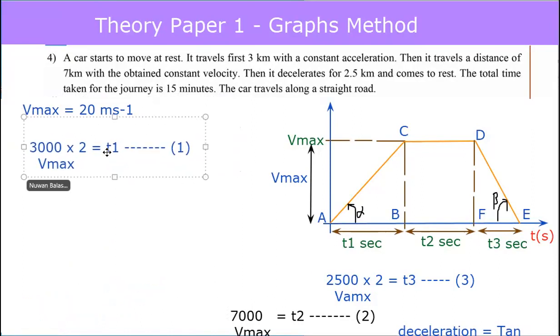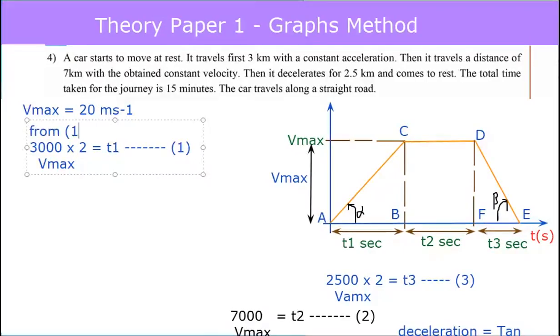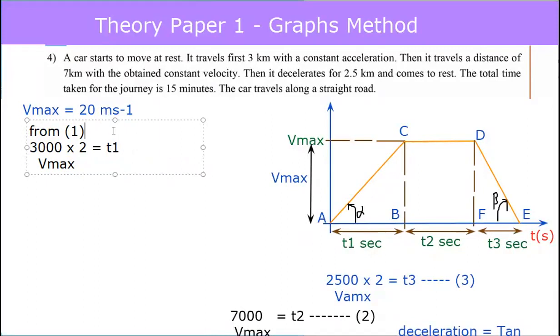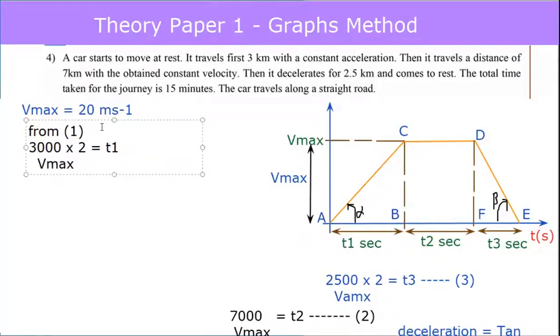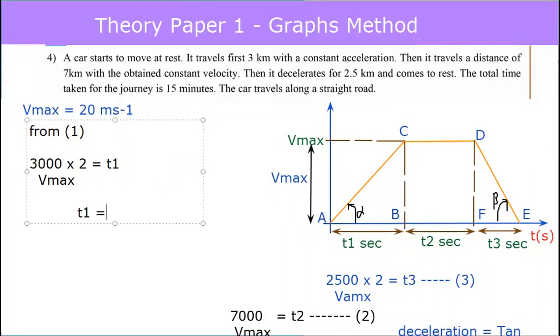If you use equation number 1, T1 is equal to 3000 times 2 divided by Vmax. So T1 equals 3000 times 2, which is 6000, divided by Vmax, which we found as 20.